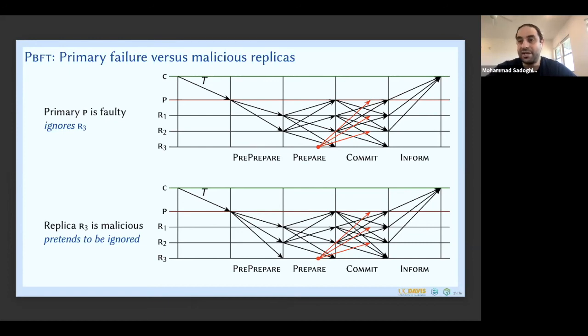How do we ensure that? Can you think about how do we ensure that at least one honest replica is telling the truth here? How do we ensure that one honest replica is telling the truth about, for example, primary not sending that message? How can we ensure that?